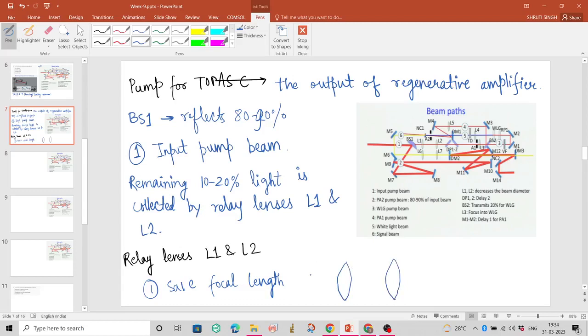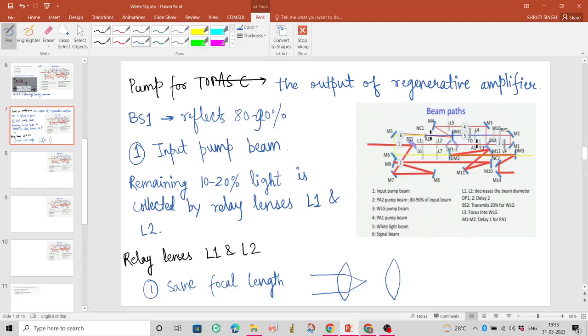They have the same focal length and a parallel beam comes. It's a convex lens. So when a beam hits it, it will be focused at a point. Since these two lenses have the same focal length, they are kept at a distance such that their focal points match each other.